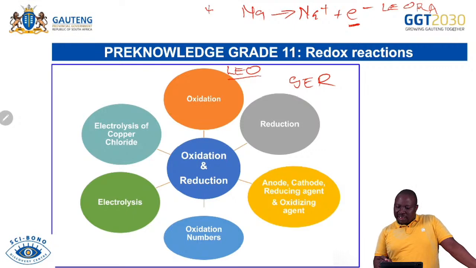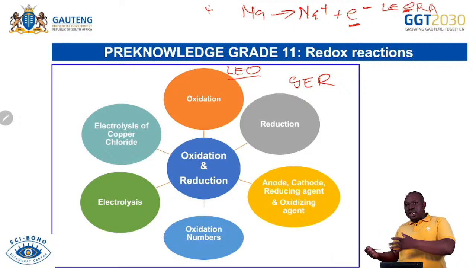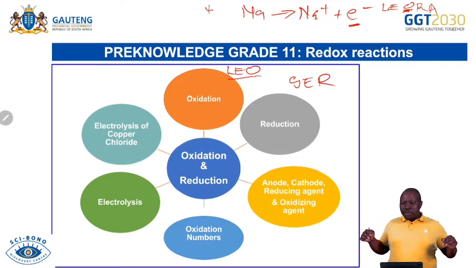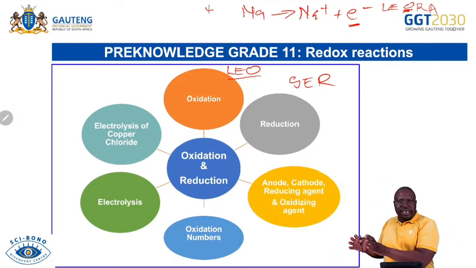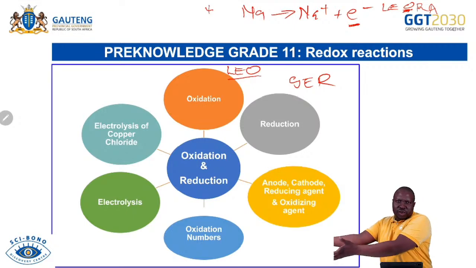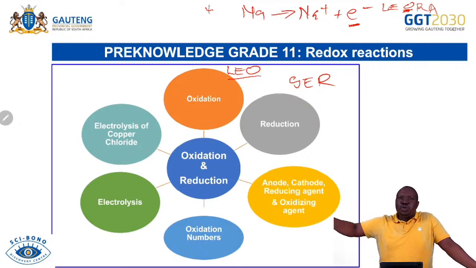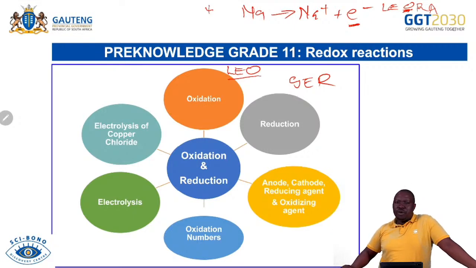It's a substance that undergoes oxidation. So the one that is losing electrons becomes the reducing agent. Why? Because it's losing electrons, which are negative. So it's removing electrons from itself, and becomes an agent for reducing another atom or another substance.